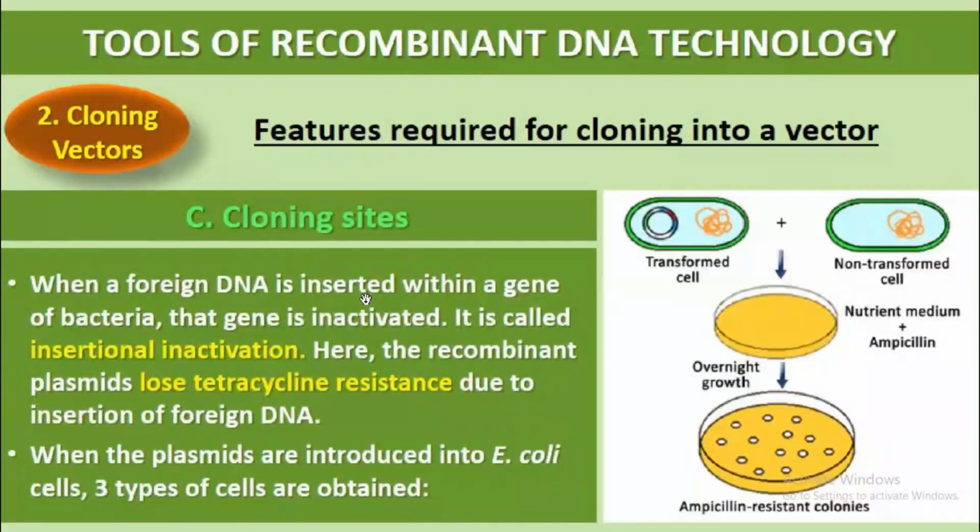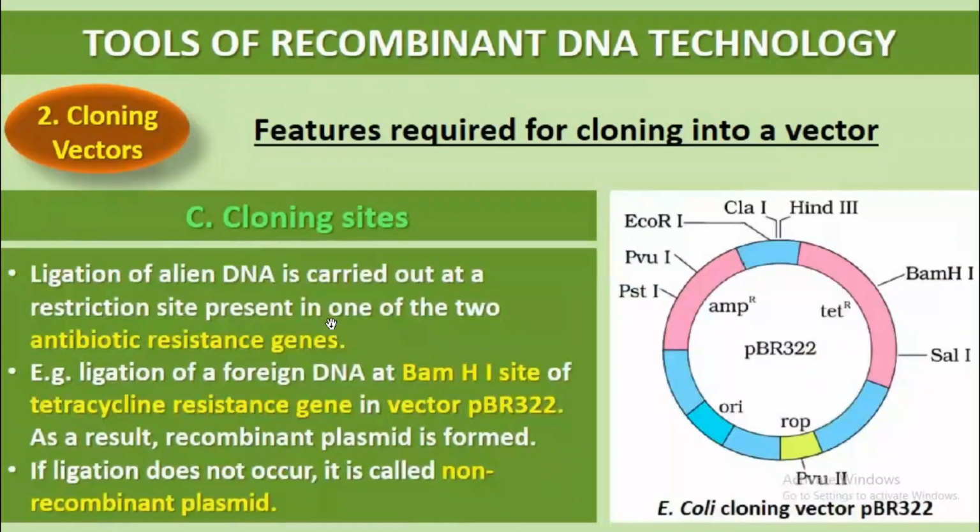When a foreign DNA is inserted within a gene of bacteria, that gene is inactivated. It is called insertional inactivation. Here, the recombinant plasmid lost tetracycline resistance due to insertion of foreign DNA. So once again, go back to the previous slide. You can see ligation of a foreign DNA at the BamHI site of the tetracycline resistant gene in vector pBR322.